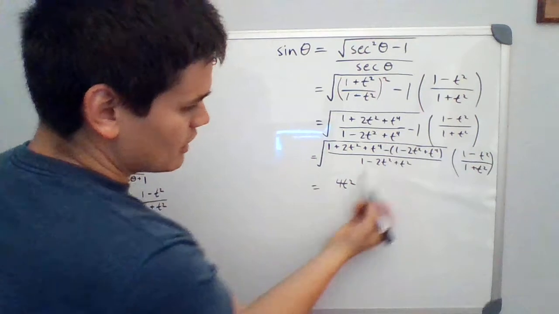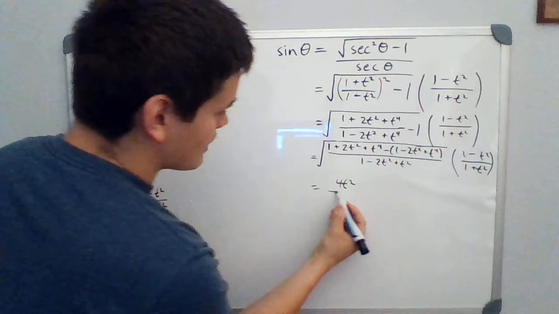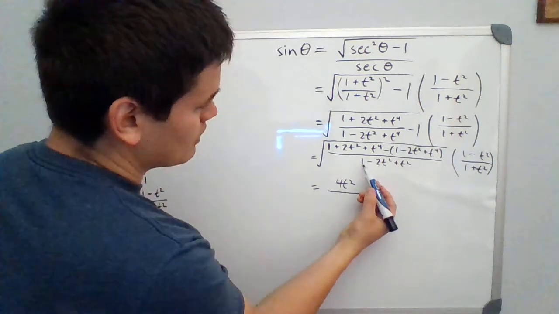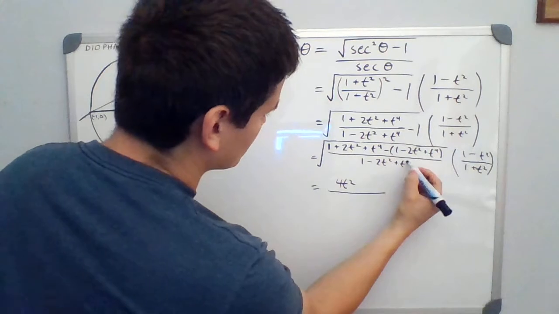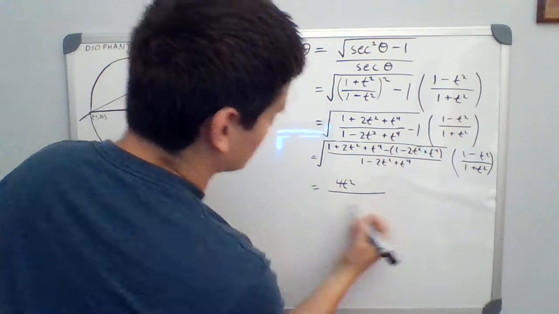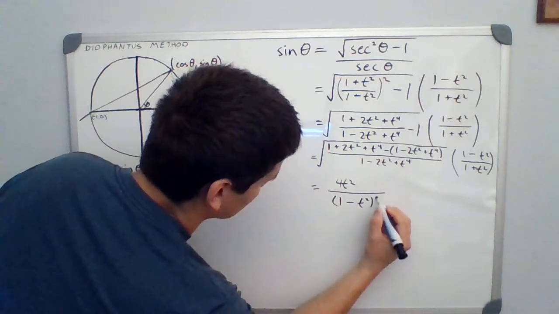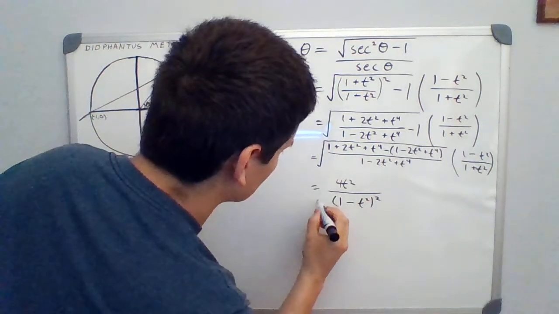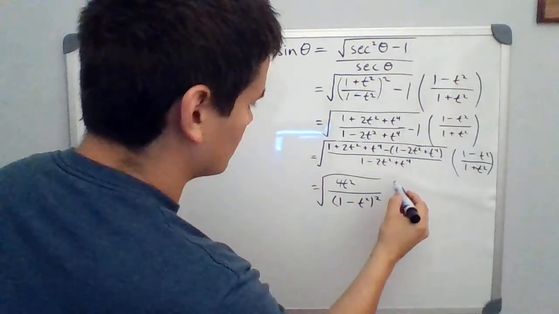So I just have a 4t squared here in the numerator, because those terms will be subtracting each other out. And then I have 1 minus t squared, squared. Okay, so now that's what's under the radical there.